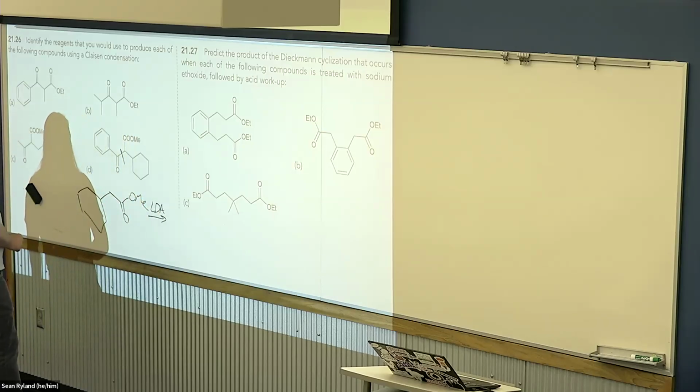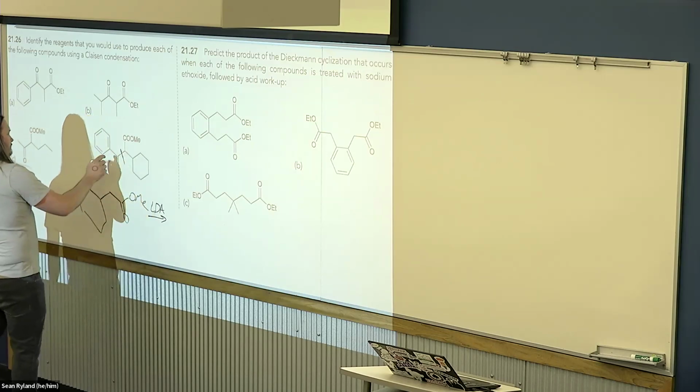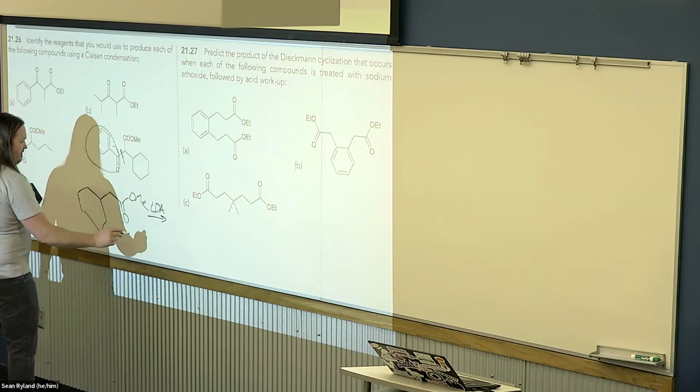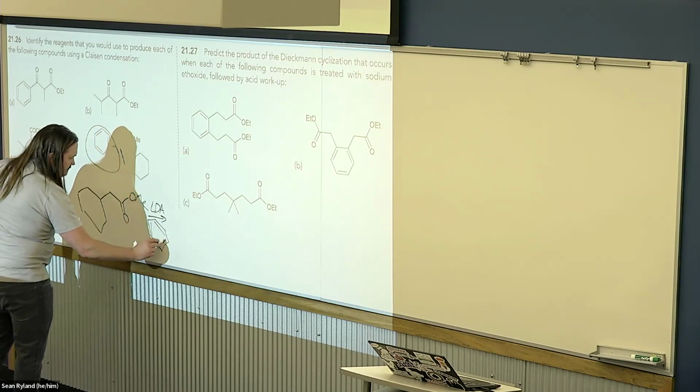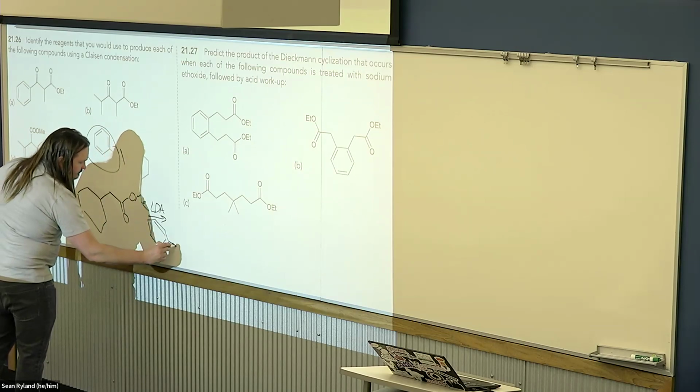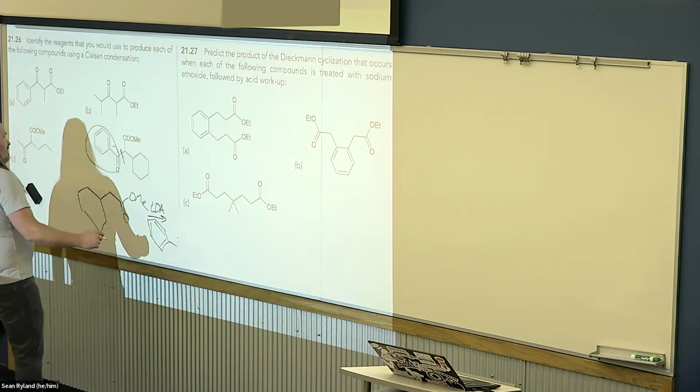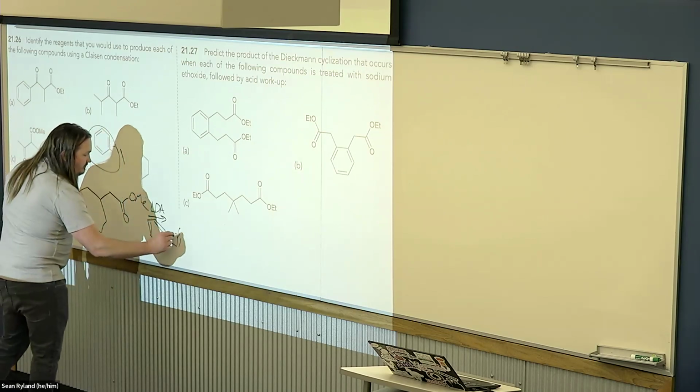So that's going to give us our enolate, then we add this piece as the methyl ester. The methyl benzoate. Yeah.